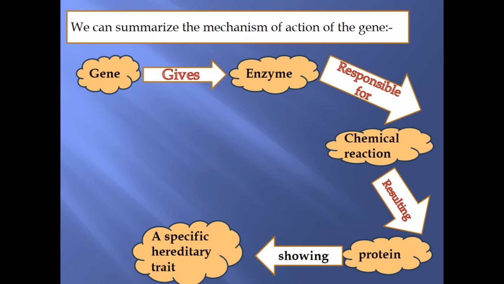First, any gene inside your body gives an enzyme. Such an enzyme is responsible for undergoing a definite chemical reaction. This chemical reaction results in a protein, and due to such a protein, the gene takes the ability to allow the trait to appear on your body.